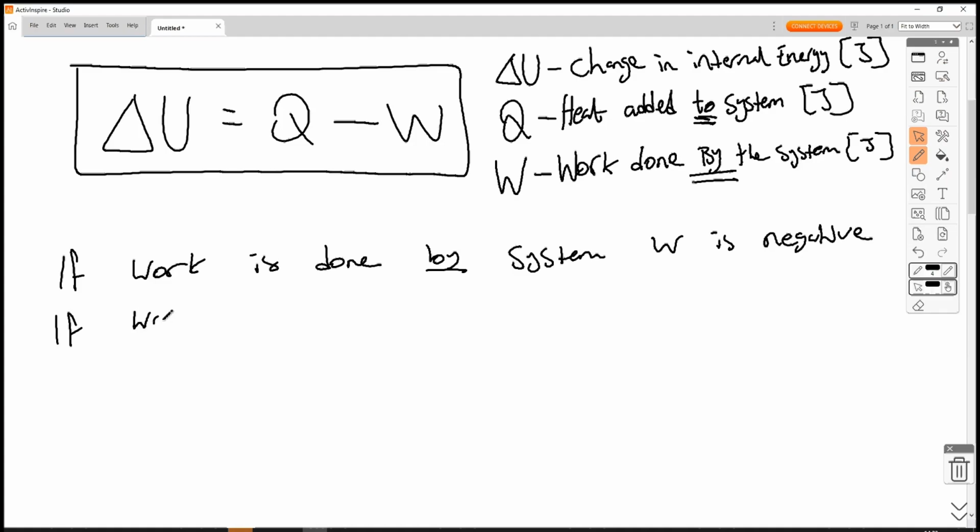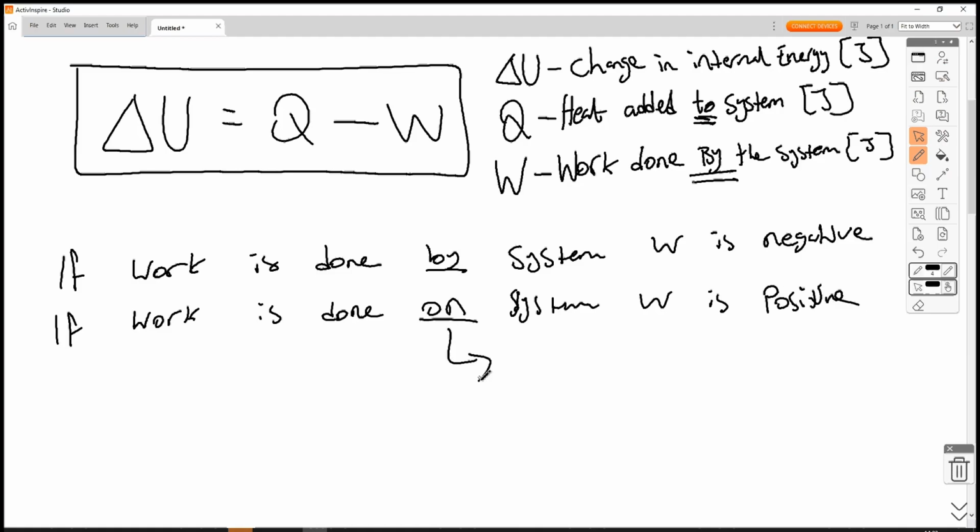If work is done on the system, W is positive. So that means delta U equals Q plus W. Yeah?